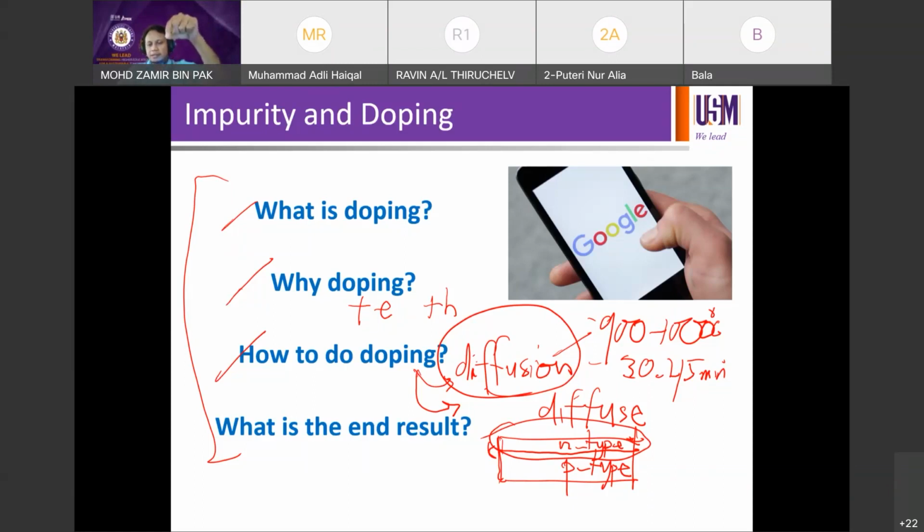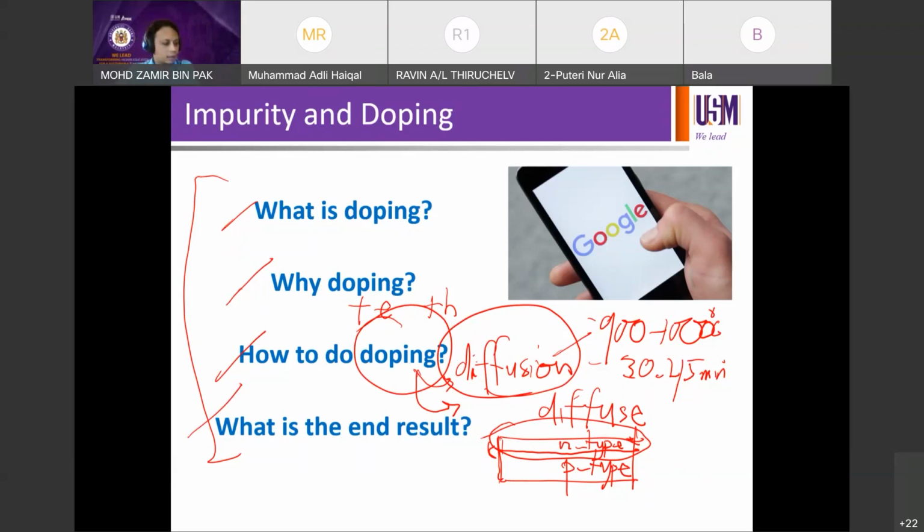You dispense by using a pipette, for example, and then you spin coat on a p-type wafer, forming a very thin layer of n-type, and you send the wafers into the furnace for high temperature diffusion. It can be done as well. So there are so many different ways to do the doping, right? And the details you're going to learn in 487 later on. So this is just brief. Right, so the final question, what is the end result of doping?